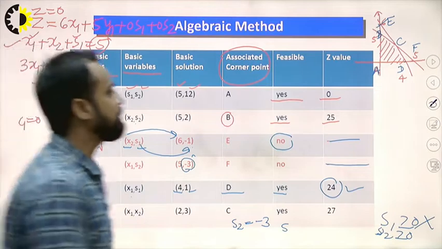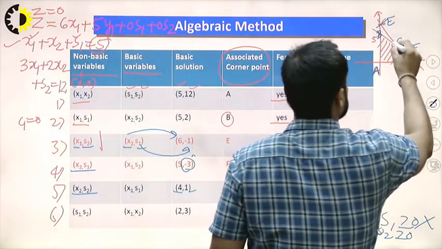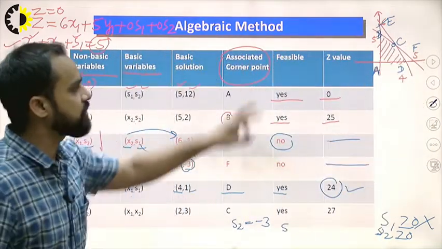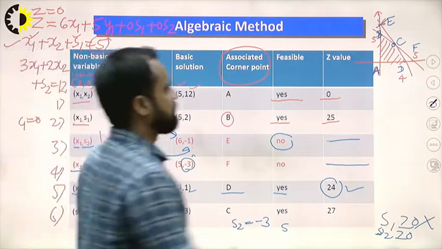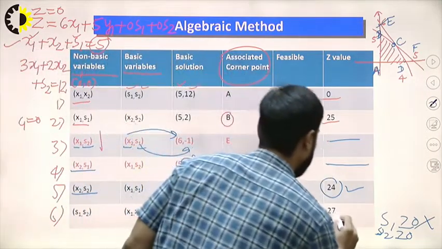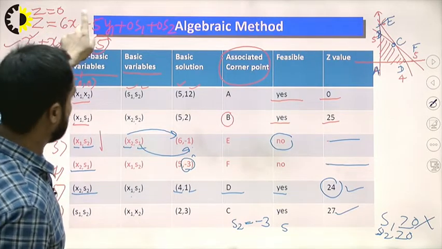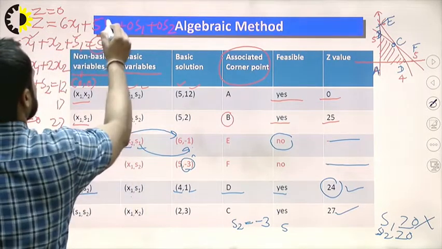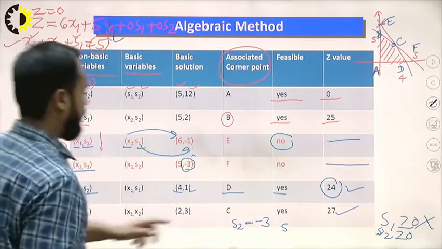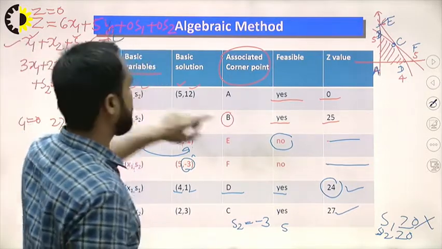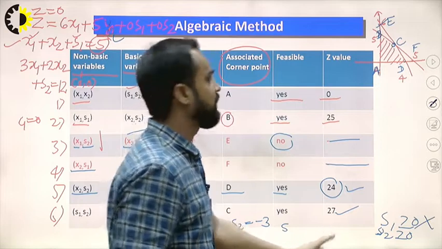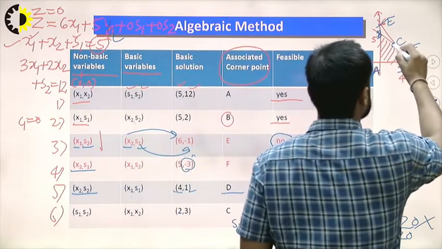That point is the C point, the intersection of both the lines. And the value of Z is, if I am putting x1 equal to 2, x2 equal to 3, I will get 27, and this is the optimal solution.